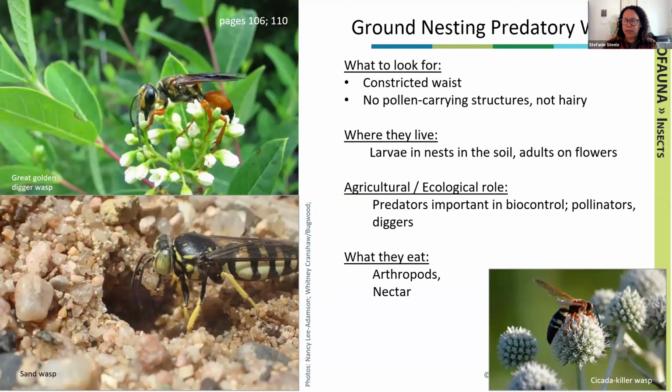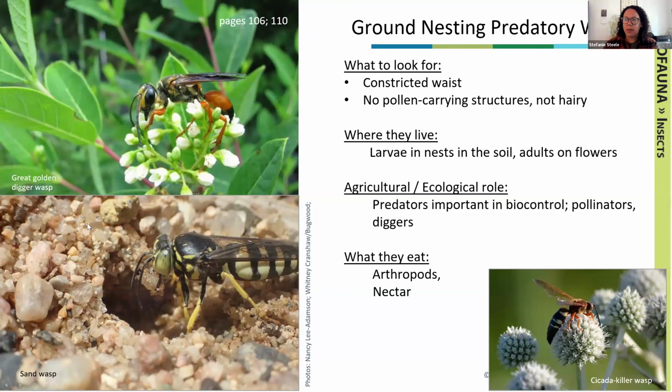Differentiating them from bees, unlike bees, they tend to have a thinner waist. Not always, but usually they have more of this constricted wasp waist. They don't have specific pollen carrying structures because they're not actively collecting pollen, and they tend to have far less hair.